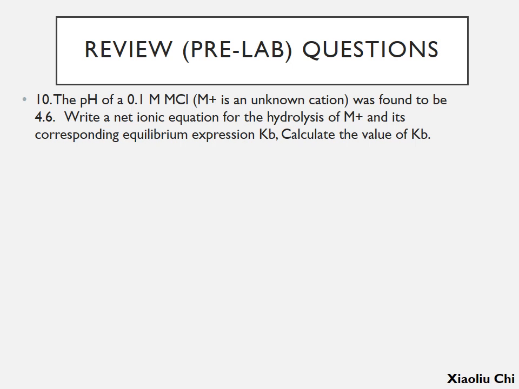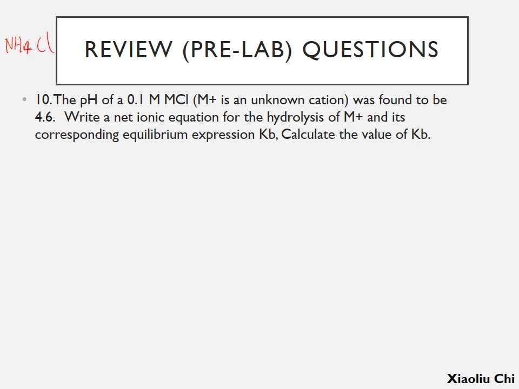Question number 10. The pH value of a 0.1 molarity MCl was found to be 4.6. M is an unknown cation. So if you look at the list of the salts that you will do in this experiment, some of them resemble this salt. For example, ammonium chloride.